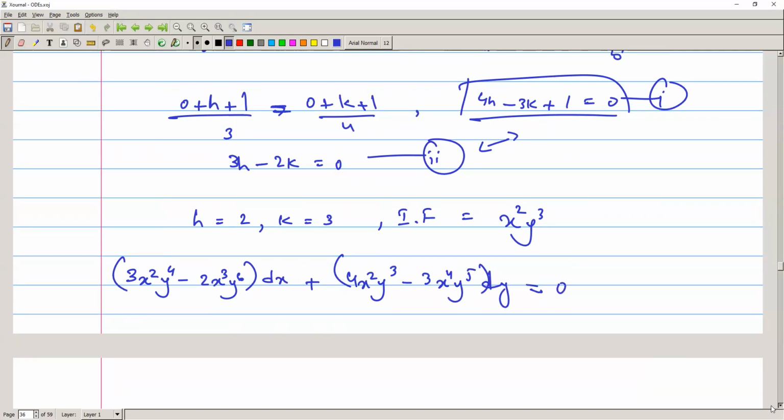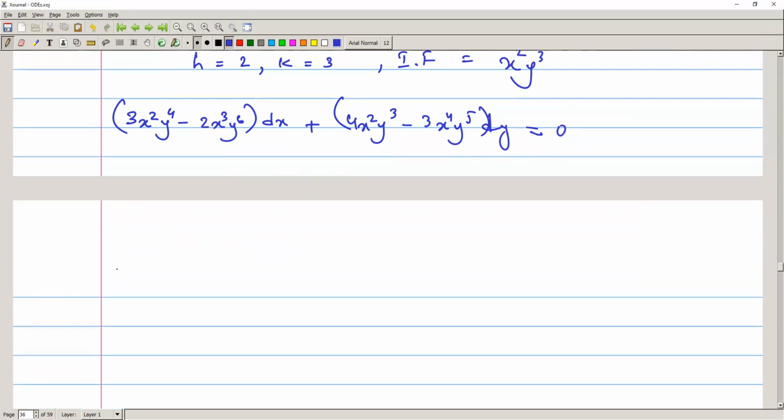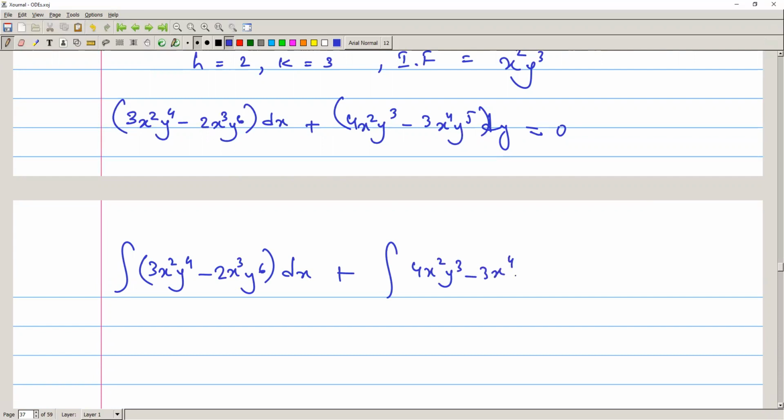Now we can see that this equation is exact, so we need to apply the definition of exact equation to solve the problem simply. So here it's dx, and here this will be 0 because x is everywhere in the equation with dy.